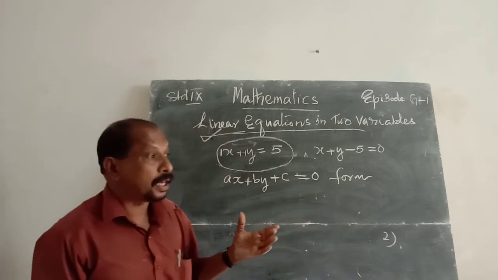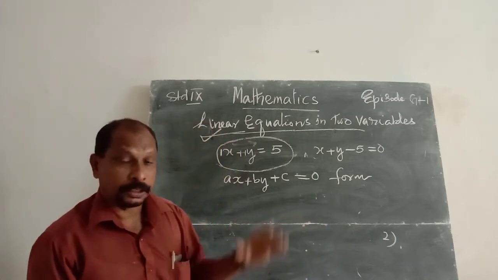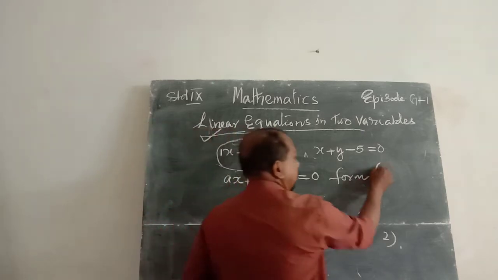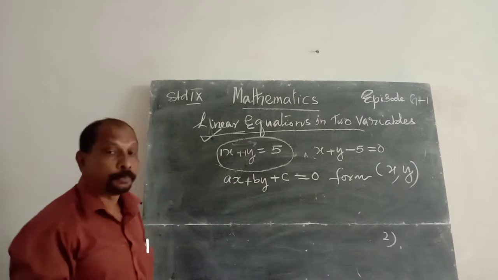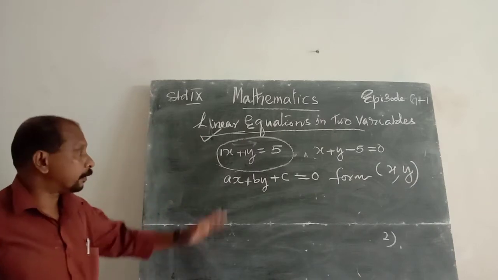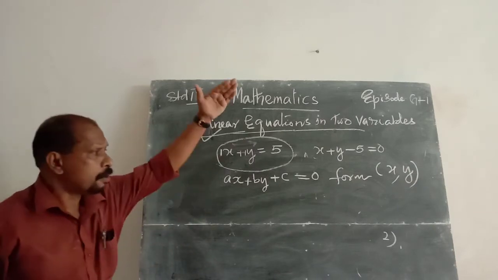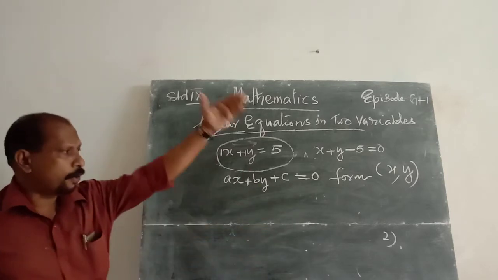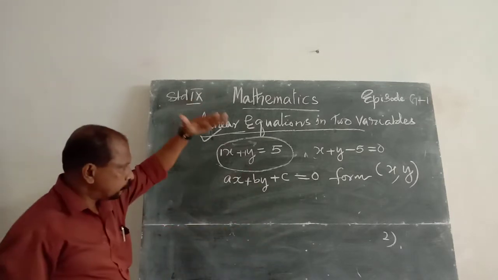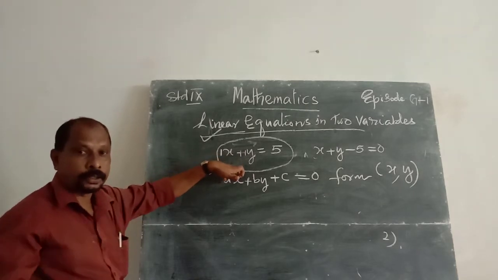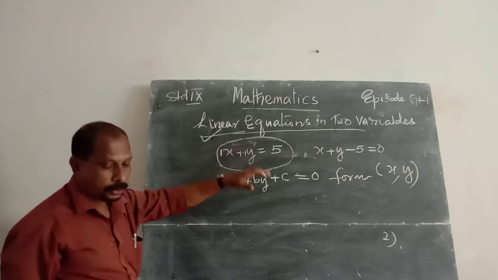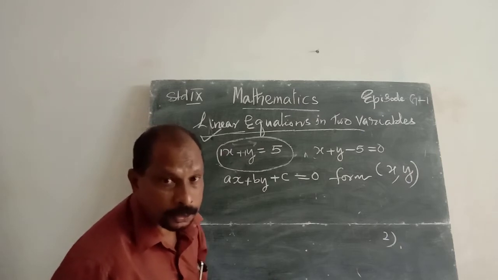These solutions are the ordered pairs with x and y. And these are the points of that linear equation. That means all the values of x and y satisfy this equation. These points or these ordered pairs are the solutions of that linear equation.